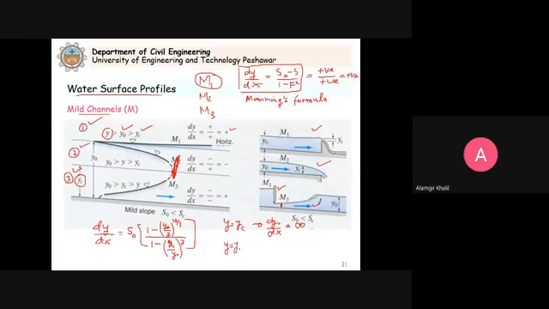So this will give us dy by dx equal to 0. That's why you see here that the profile will meet the normal depth line asymptotically.